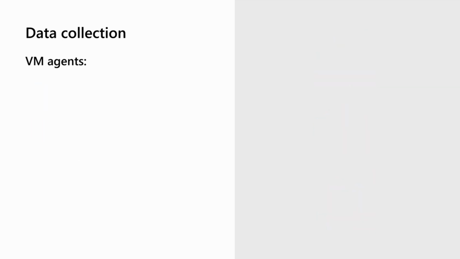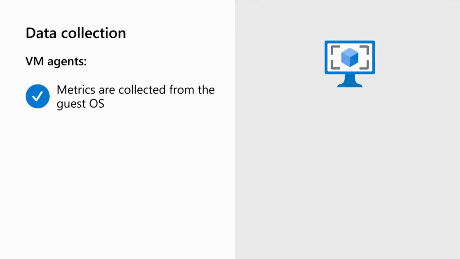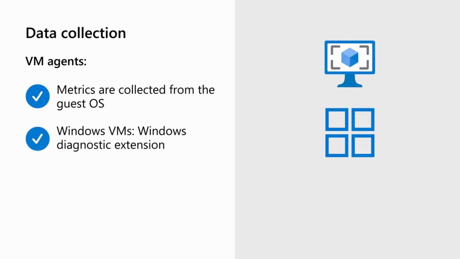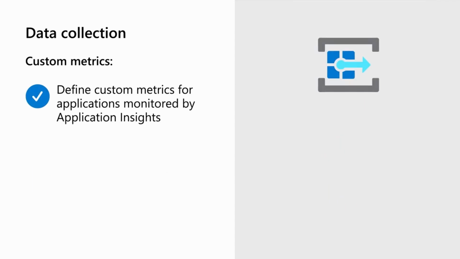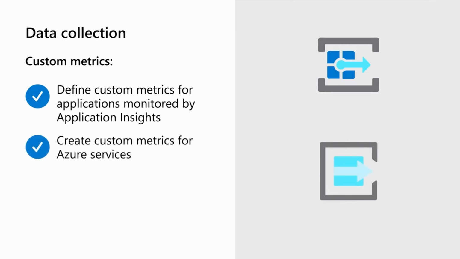VM agents. Metrics are collected from the guest operating system, or guest OS, of VMs. You can enable guest OS metrics for Windows VMs using the Windows Diagnostic extension and for Linux VMs using the Influx Data Telegraf agent. You can define custom metrics for your applications monitored by Application Insights. Additionally, you can create custom metrics for Azure services using the Custom Metrics API.